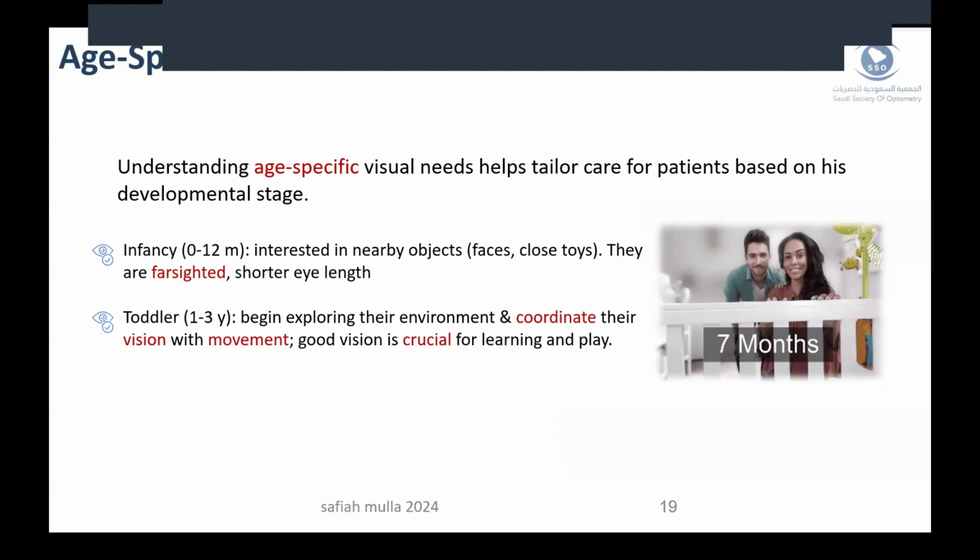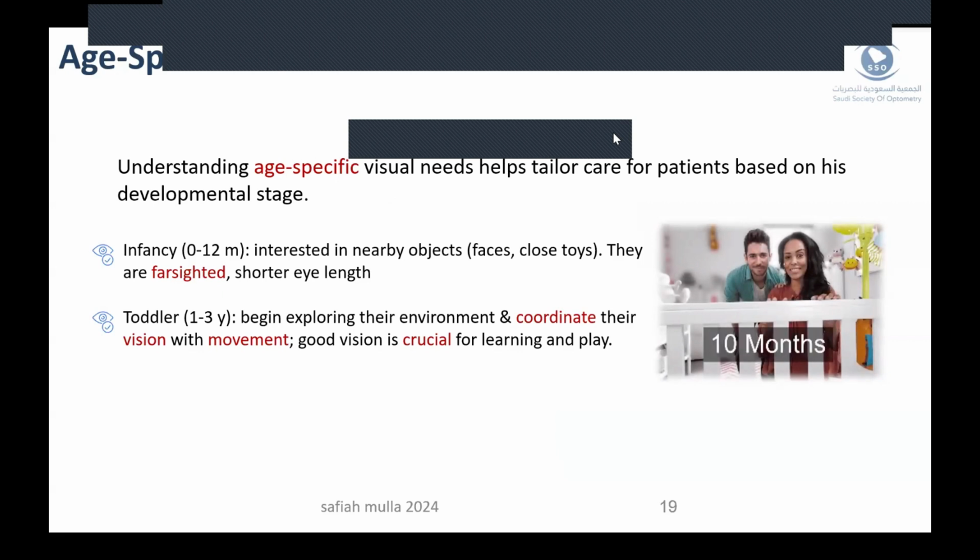They are farsighted, hyperopes, because of the shorter eye. When they are between 1 to 3, they begin to explore their environment, so they need coordination between their vision and their movement, such as hand-eye coordination. So they need good vision for their learning and play during this time.